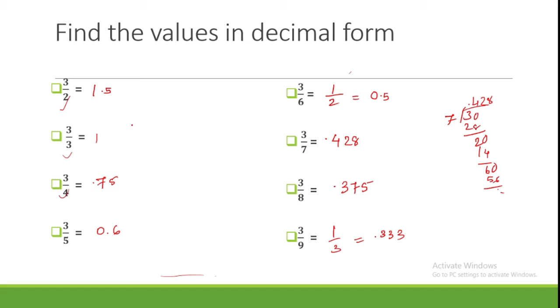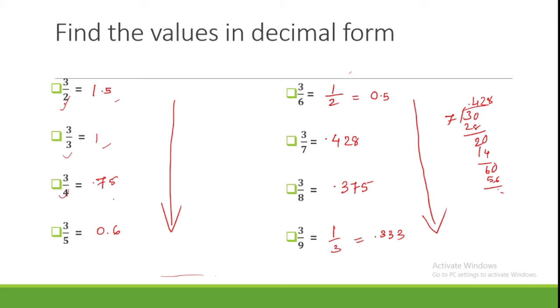Now, look at these values. The first value is 1.5, the second is 1, then 0.75, 0.6, 0.5, 0.428, 0.375, 0.33. So, the values are decreasing. Now, what is the change in the fractions? The numerator is the same, but the denominator changes.